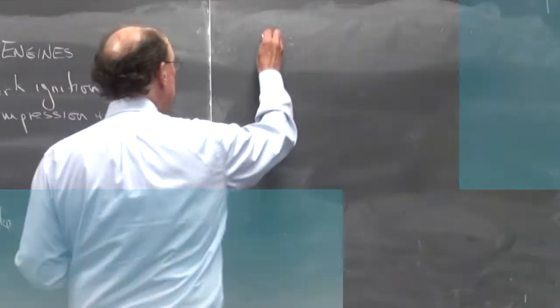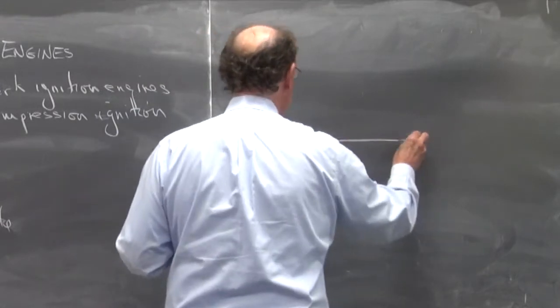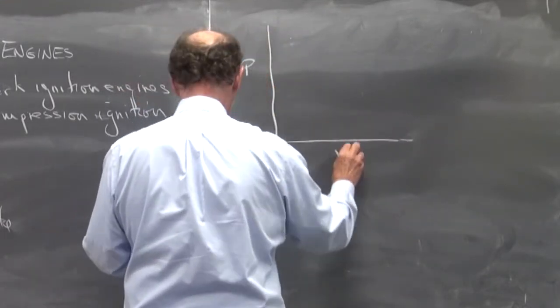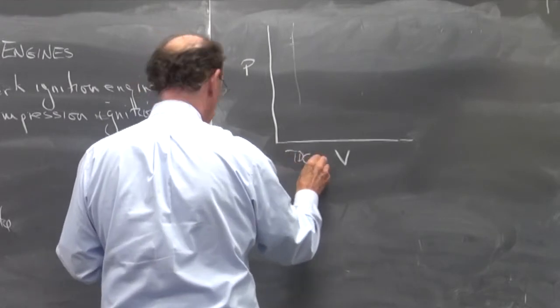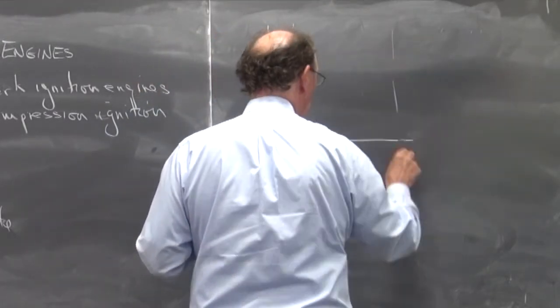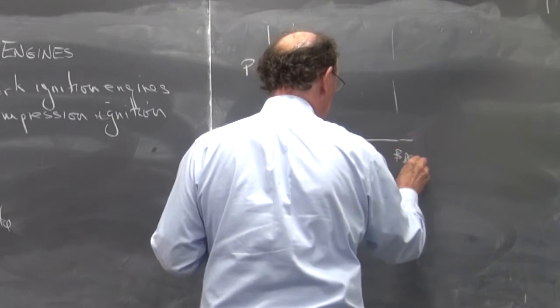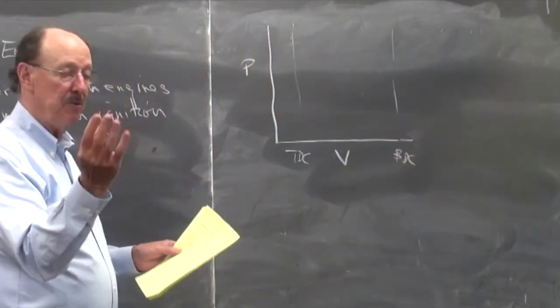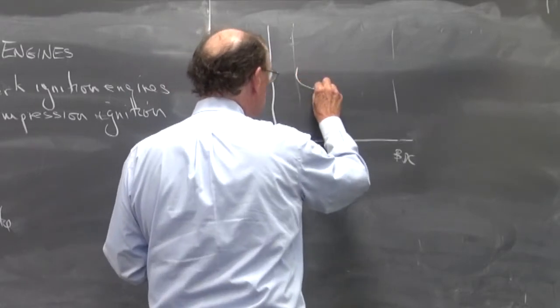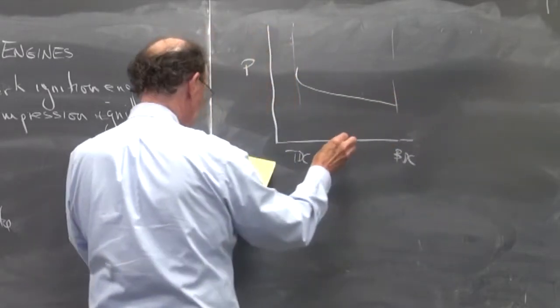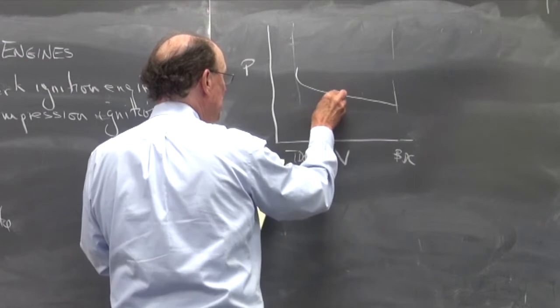So if I look at a PV diagram, we'll have here top dead center, bottom dead center. So the piston moves between top and bottom dead center, and we'll have something like this. And so here's the compression stroke.